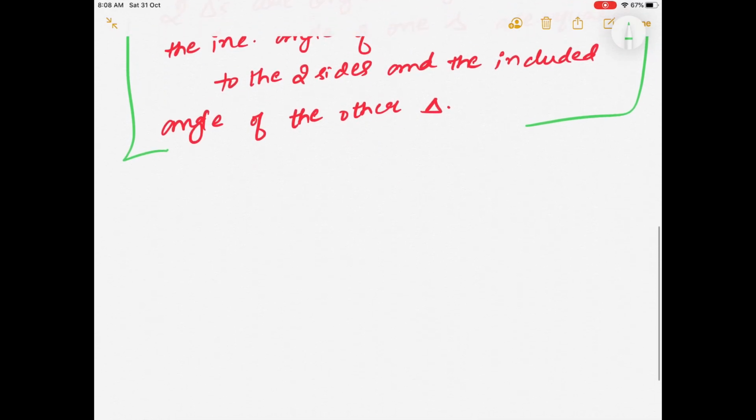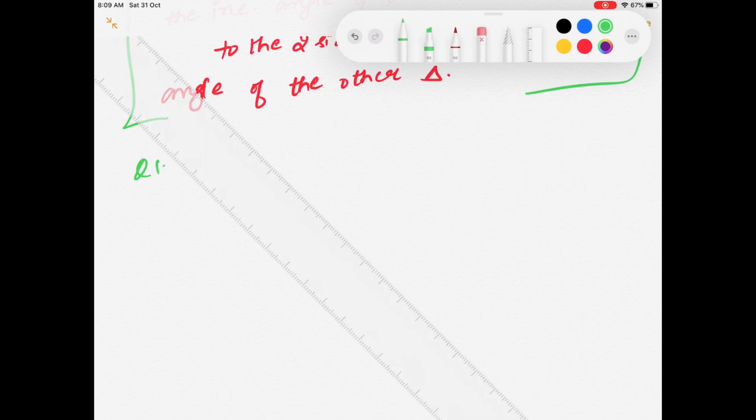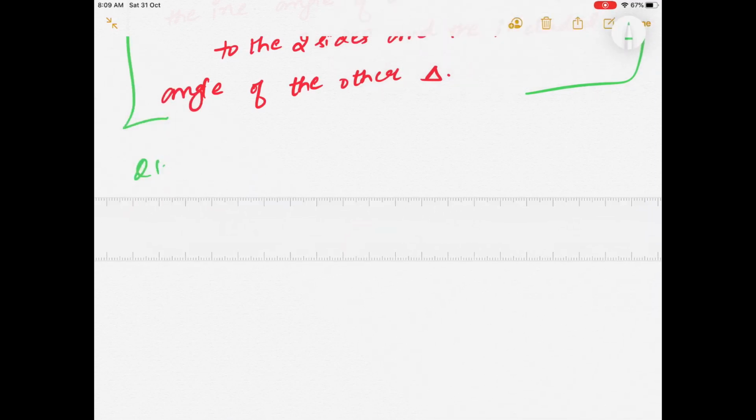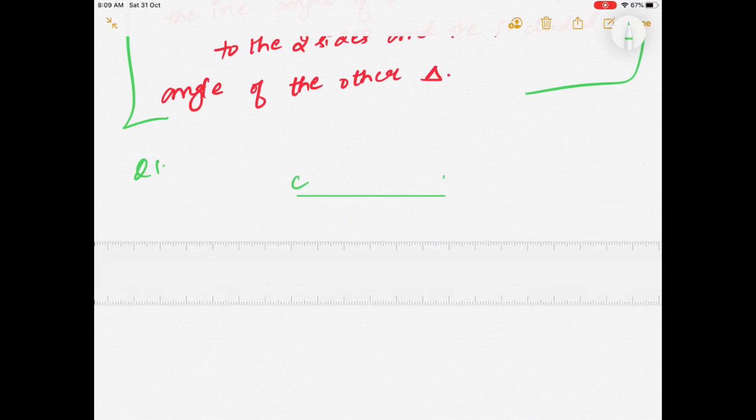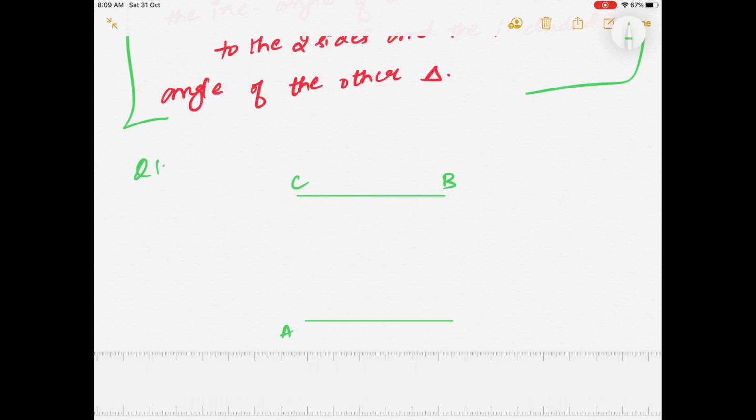So let's understand with the help of a basic question. Our first question gives you a figure. Let's draw the figure. This is line CB and this is line AD.